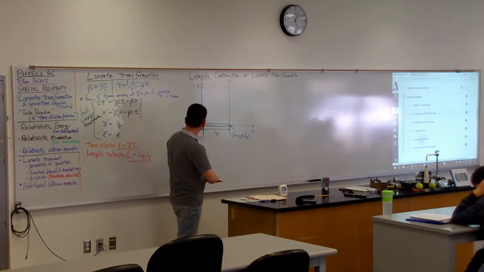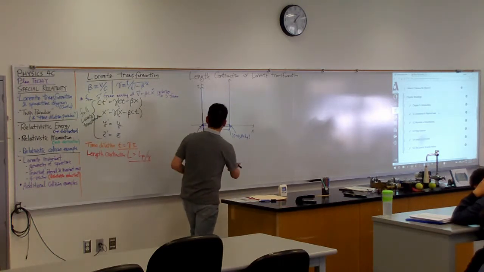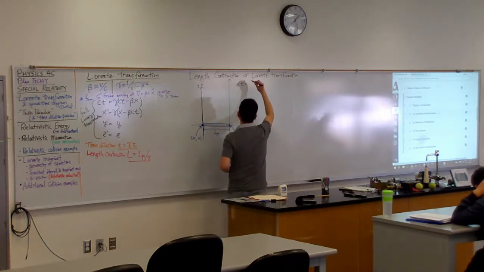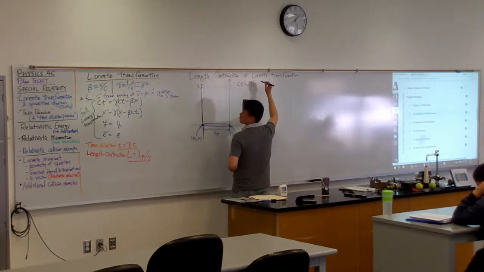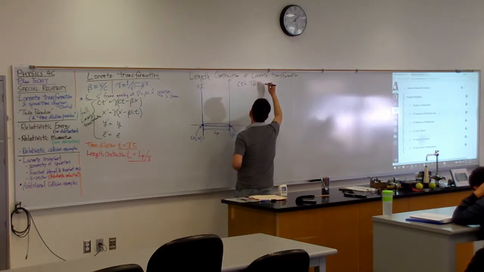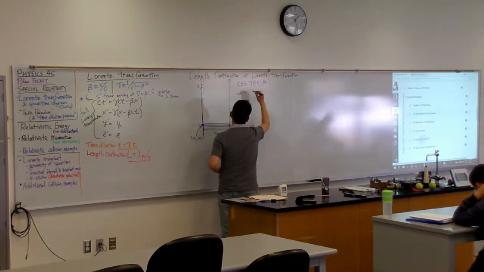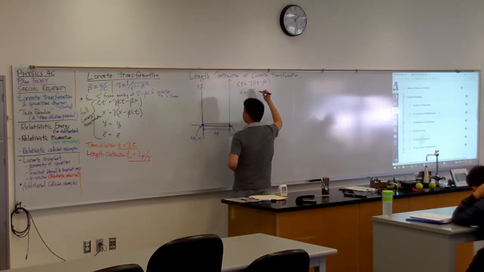Okay? So this is what someone might do in trying to rederive this length contraction. Let's say, all right, so I know the Lorentz transformation. Ct prime is equal to gamma (Ct minus beta x). X prime is equal to gamma (x minus beta Ct).